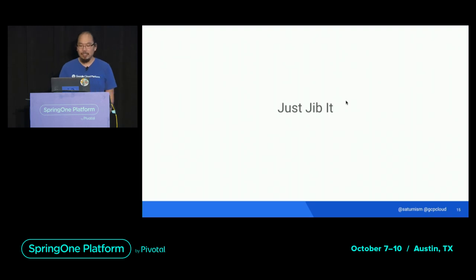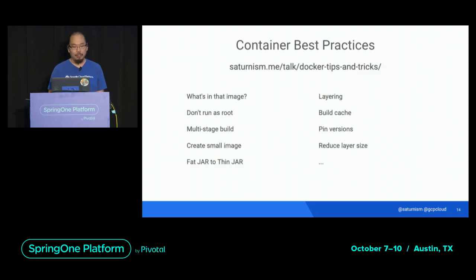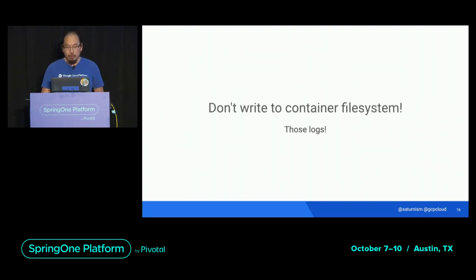It applies many of the best practices, and you just want to make sure you follow a few other ones, like pin your versions and make sure it doesn't run as root. Once you have your container in your app, a few other things to double check: make sure your app does not write to the file system, especially the logs. If you're using Spring Boot, you should not have many issues.